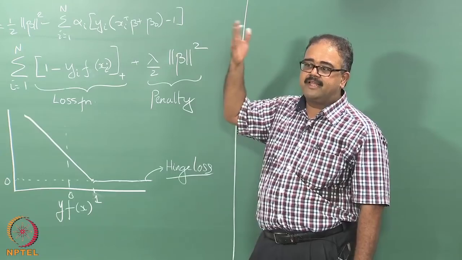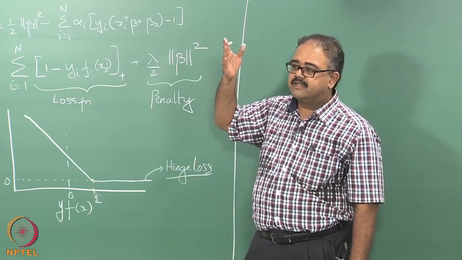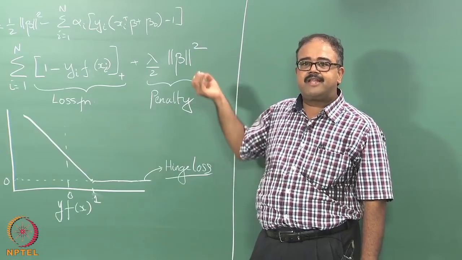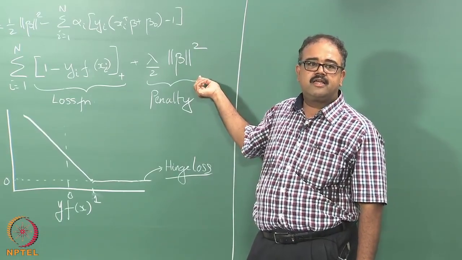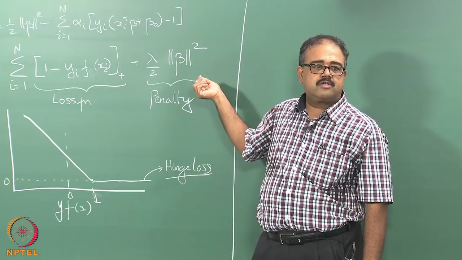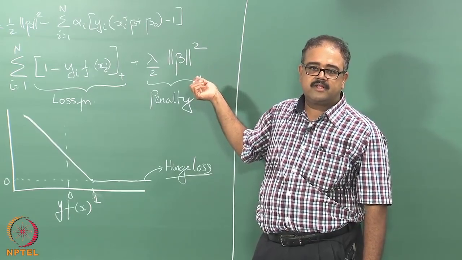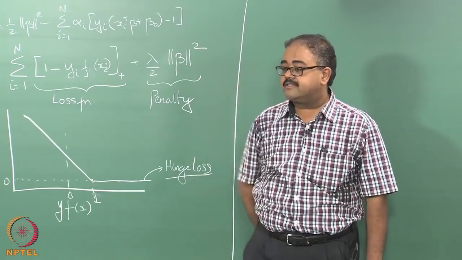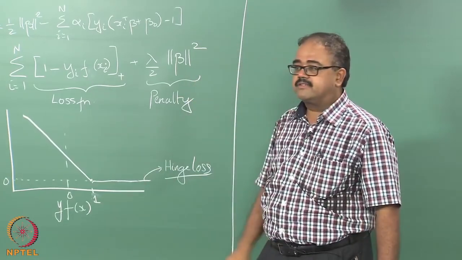This essentially becomes like ridge regression: make sure that the squared loss is as little as possible, at the same time make sure that the norm of the solution is also small. That is what we did, we enforced the L2 norm in the ridge regression case and we are doing the same thing in the SVM case.